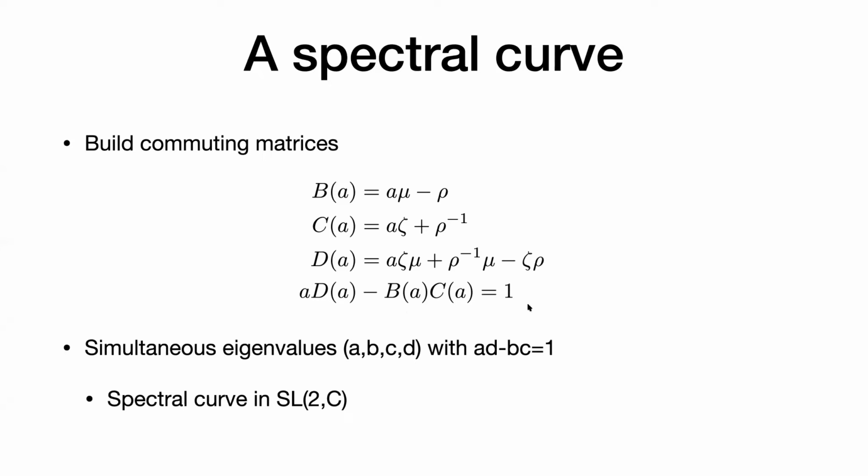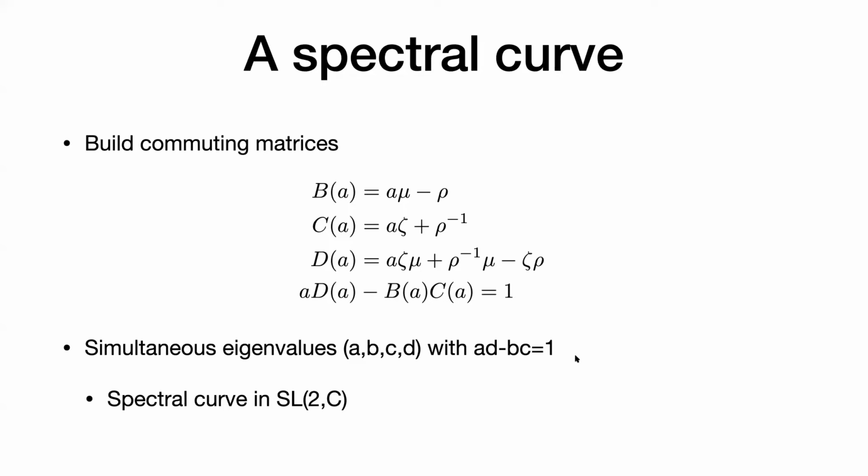Well, now I can look for simultaneous eigenvalues of these three matrices. Let me call these eigenvalues b, c, d. So for every value of A, I'll get roughly K values for b, c, and d, which satisfy also AD minus BC equal to 1. So this gives me a holomorphic curve inside SL2C.